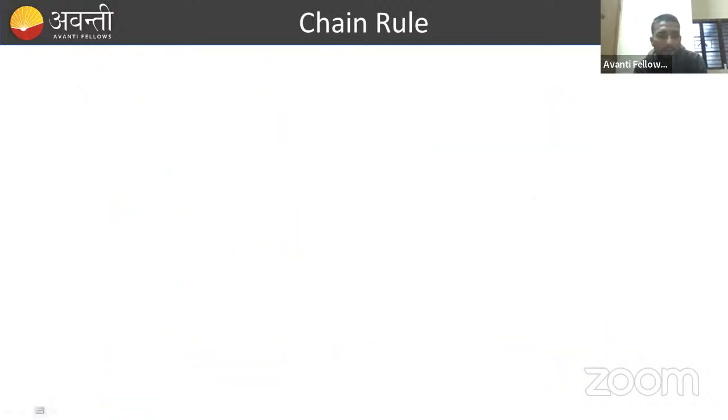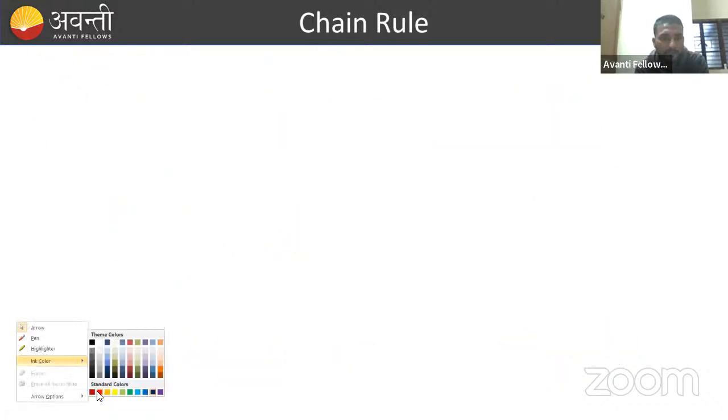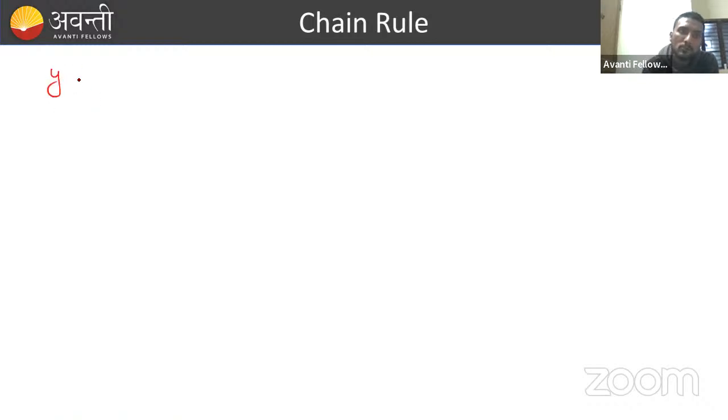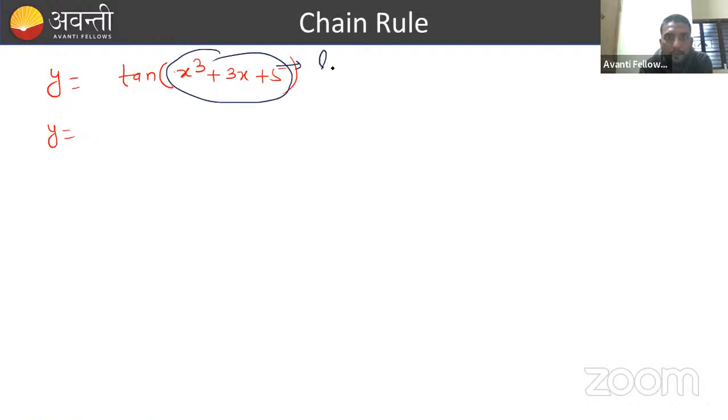So what if I take this one: y equals tan of x cube plus 3x plus 5. Now you know that if y equals tan x, the derivative is sec square x. So I will take the inside as t, so now it becomes tan t.